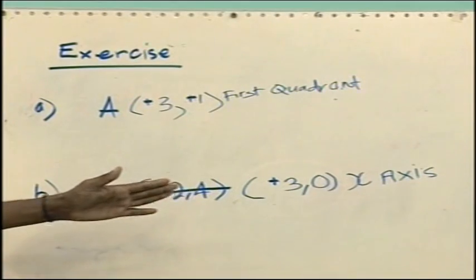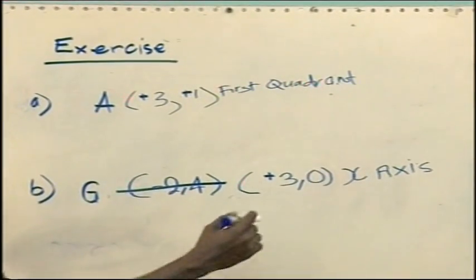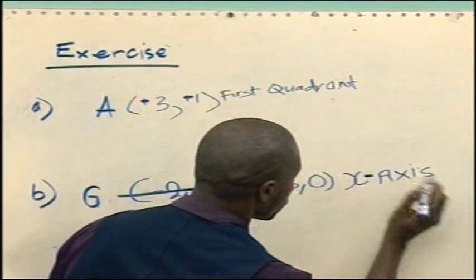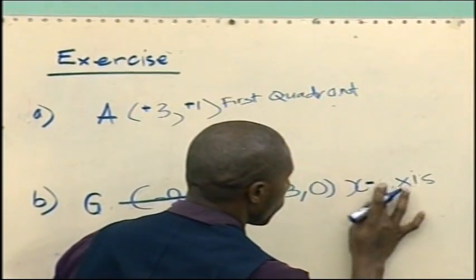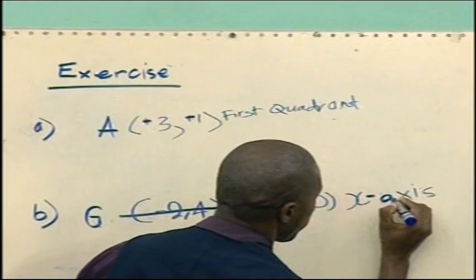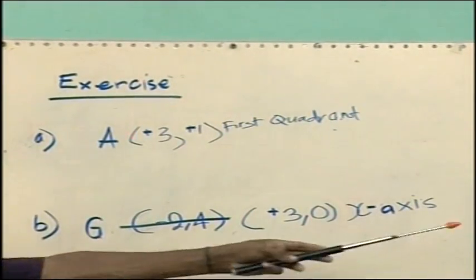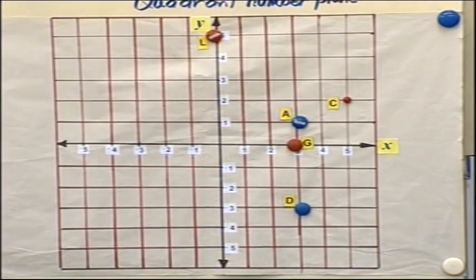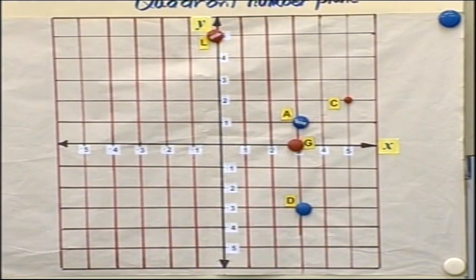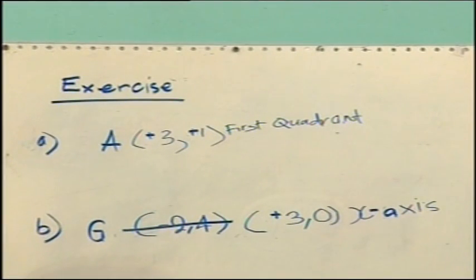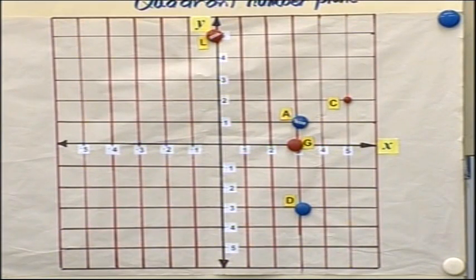What axis is it on? It is on x-axis, okay? So point G is on x-axis, and the coordinates of point G is plus 3, comma, 0. Now, receiving students and teachers, please complete the other two exercises, which is C up to E.